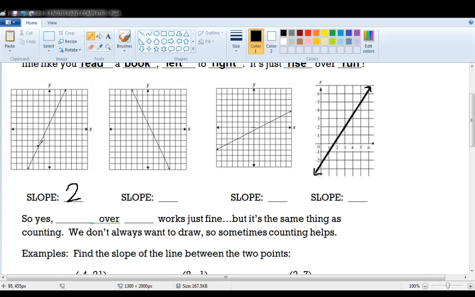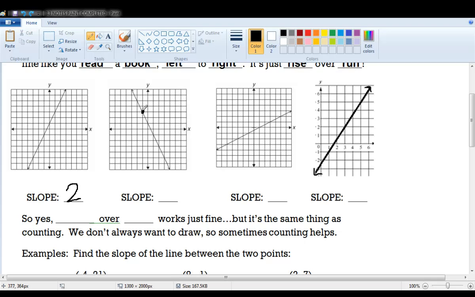Now, a lot of people get a little bit confused, so I want to give you another idea of what's going on. What if you pick those 2 points instead? Now you would have to go up 8. So your rise would be 8 and your run would be 4. But 8 divided by 4 is still 2. So no matter what points you choose, the slope will be 2.